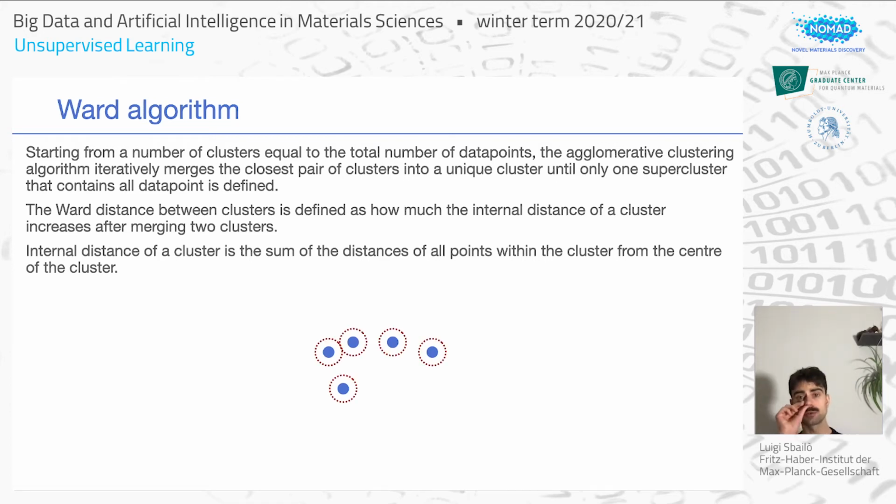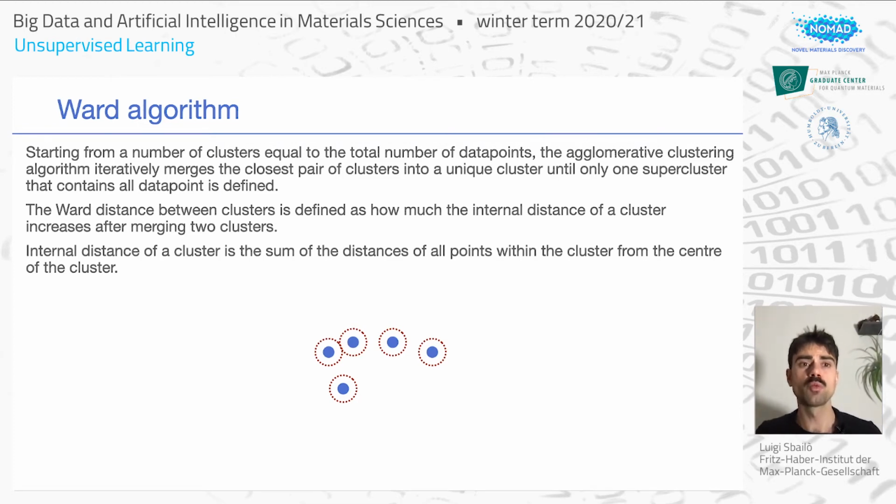So this is the initial situation. Here we have 5 points, and each point belongs to its own cluster. Then agglomerative clustering merges the closest pairs of clusters until all points are merged into a unique giant supercluster. And the question now is how to determine what the closest cluster is in this case.